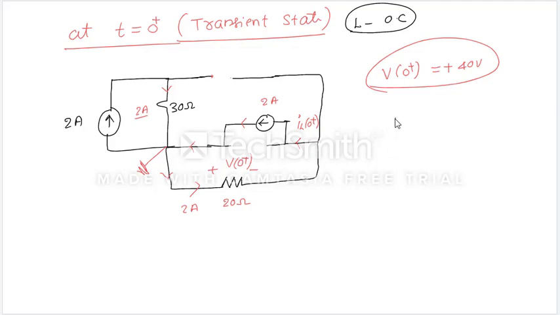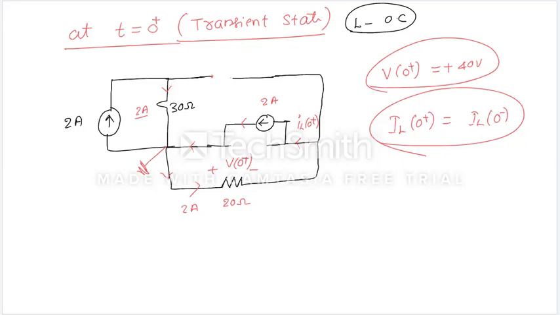As we have seen, IL of 0 plus is equal to IL of 0 minus, because the inductor does not allow sudden changes of current.